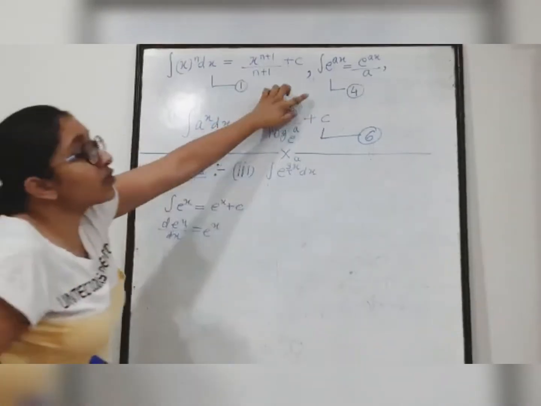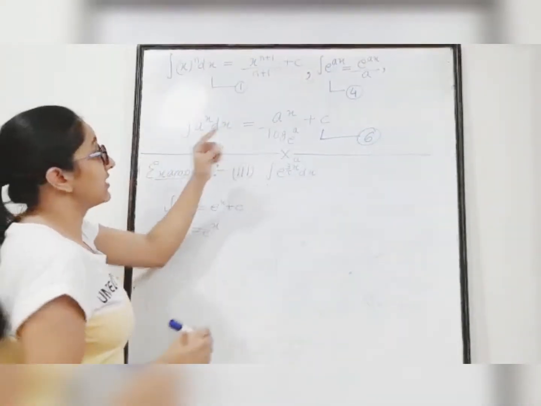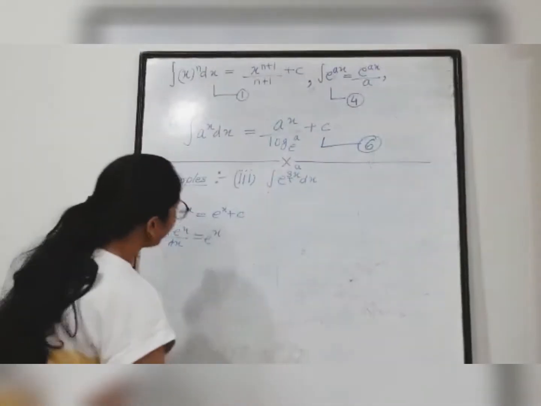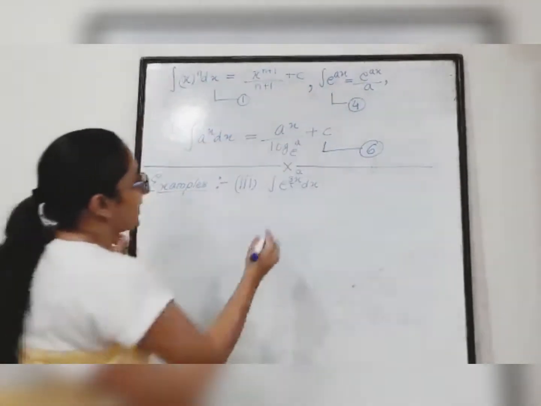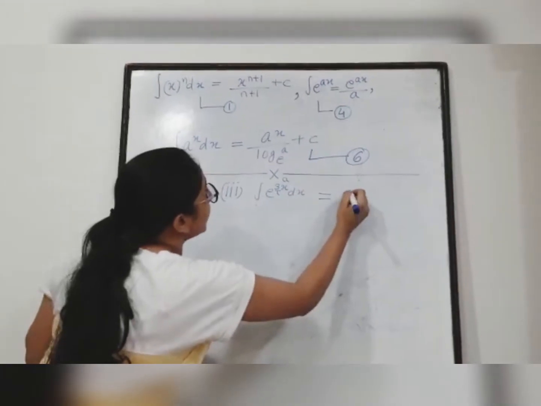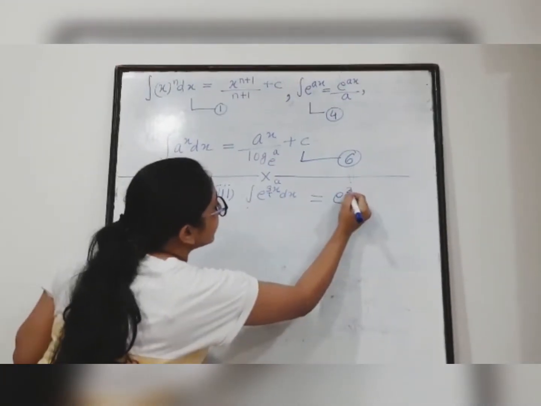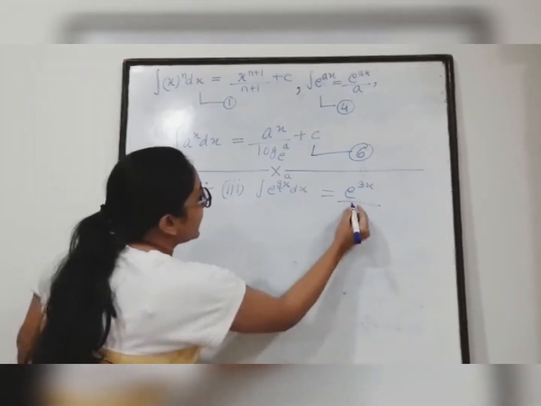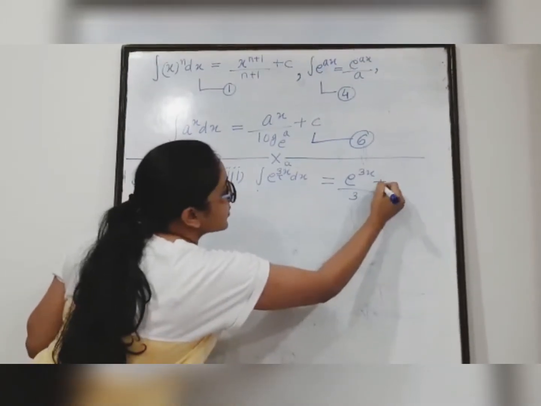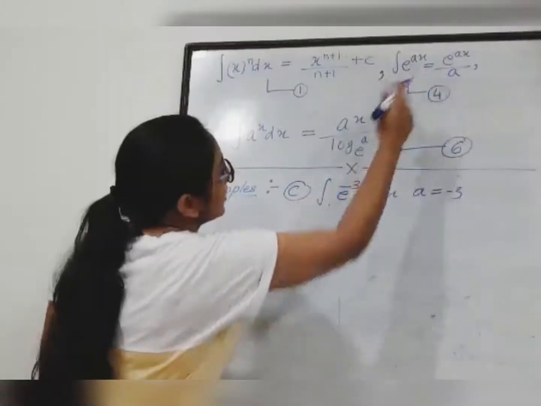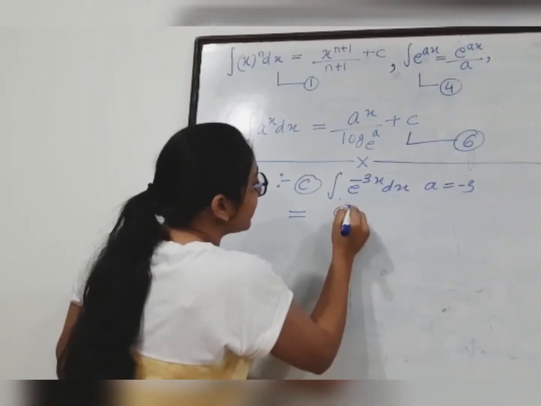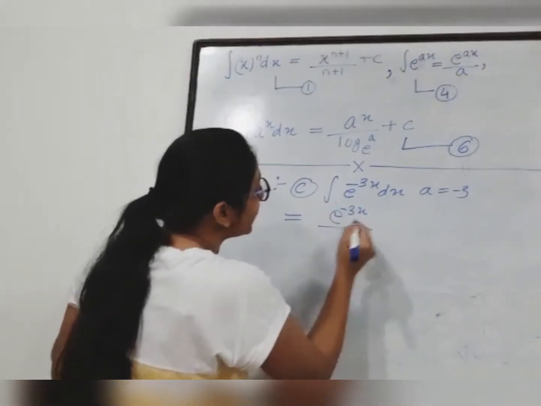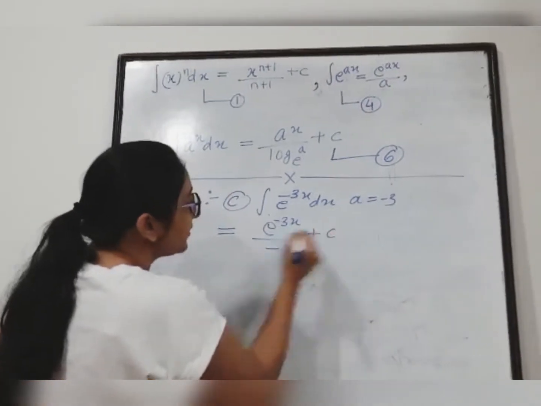So we will use the fourth basic formula which we saw previously, which is integration of e to the power ax is e to the power ax by a. So this is equal to e to the power ax, that is 3x, divided by a. A here is 3. So e to the power 3x by 3 plus c. Similarly, we'll just use this formula and write the answer as e to the power minus 3x, as it is, divided by a, that is minus 3, plus c.